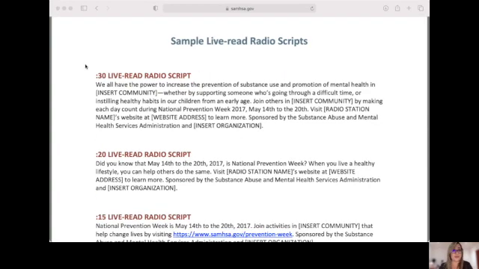I'm going to read through them. The first one here is then that 30-second live read radio script. We all have the power to increase the prevention of substance use and promotion of mental health in my community, whether by supporting someone who's going through a difficult time or instilling healthy habits in our children from an early age.